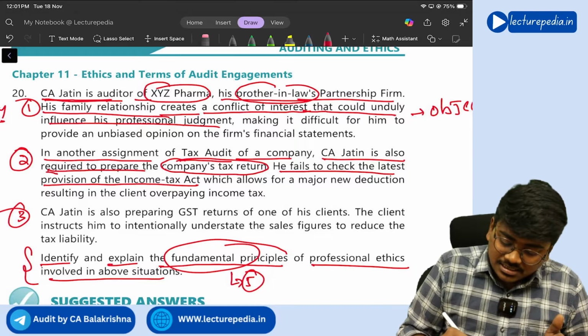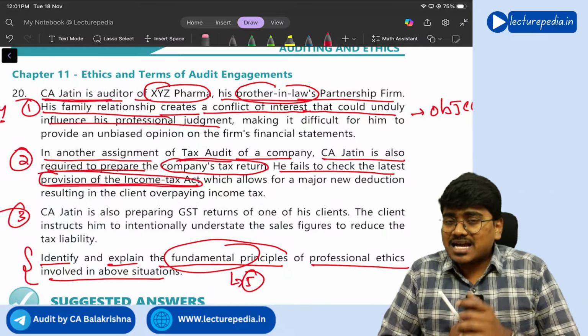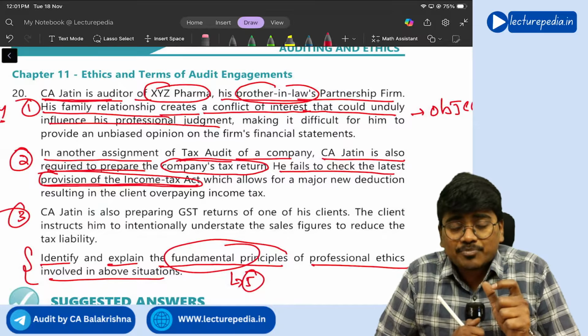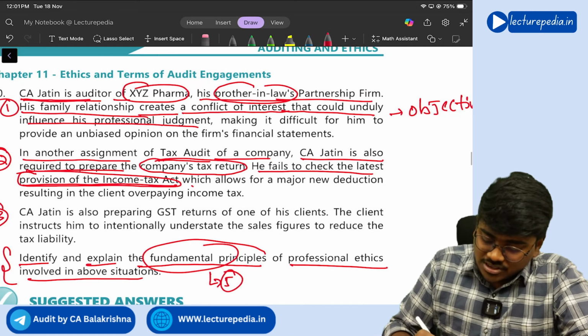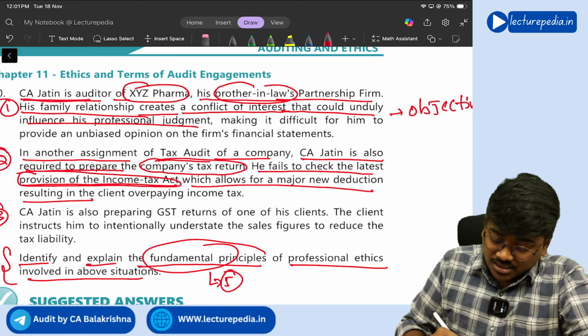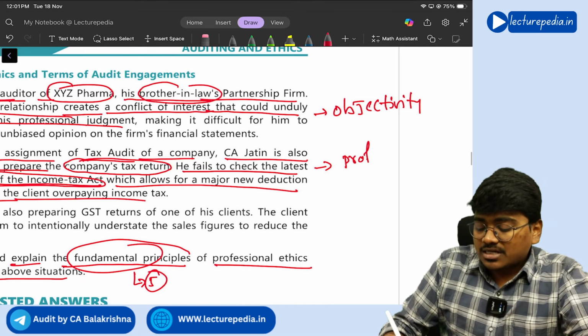Now he hasn't updated himself about the latest provision of Income Tax Act. That means he is lacking professional competence and due care, correct or not? So which allows for major new deduction resulting in the client overpaying the income tax. So here professional competence is involved.